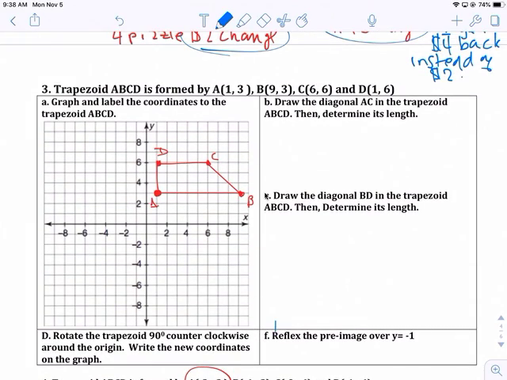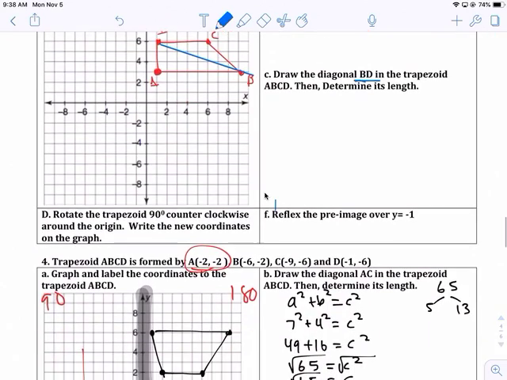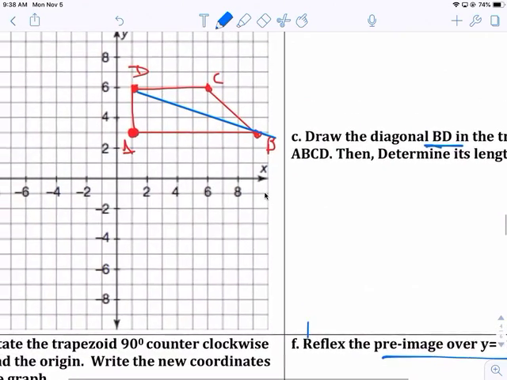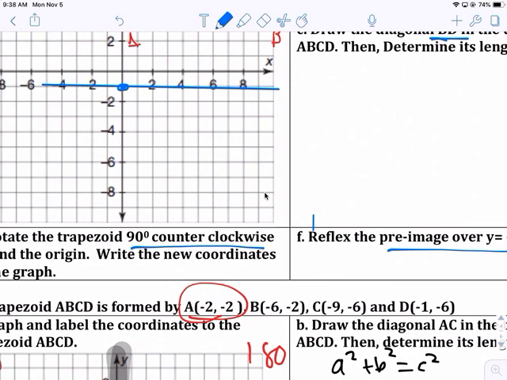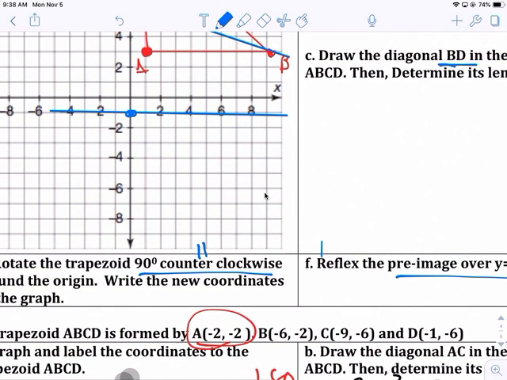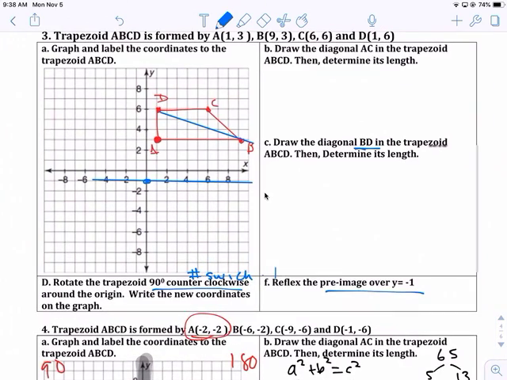You know how to do these. Make sure you do the square. It's this one, so reflect over y equals negative 1. Y equals negative 1 is right here. Reflect it. This will be on your test, you guys. Make sure you reflect over that. 90 degrees counterclockwise is the number switch. So switch these numbers.